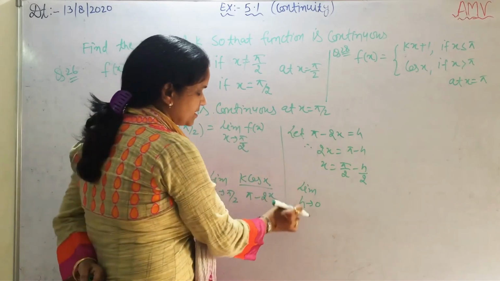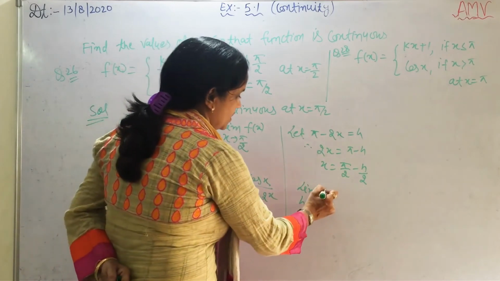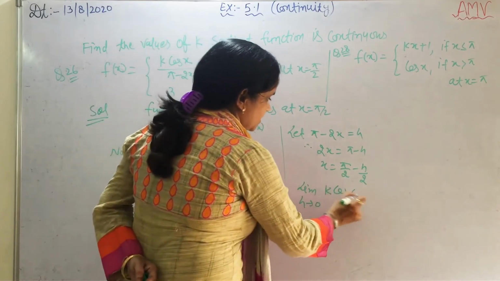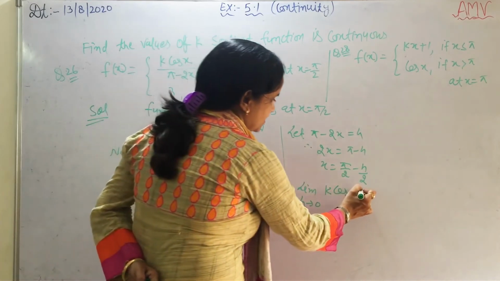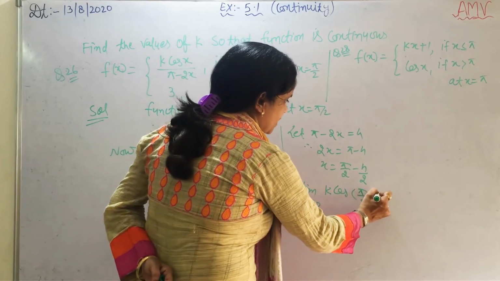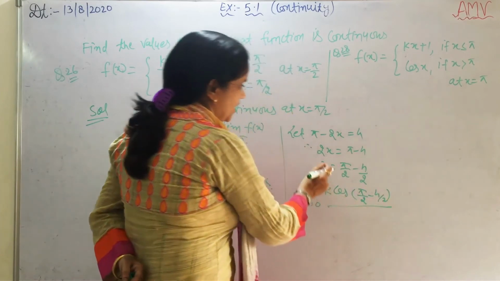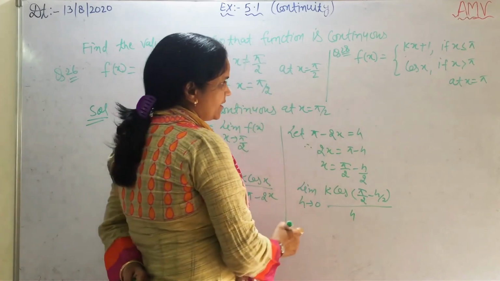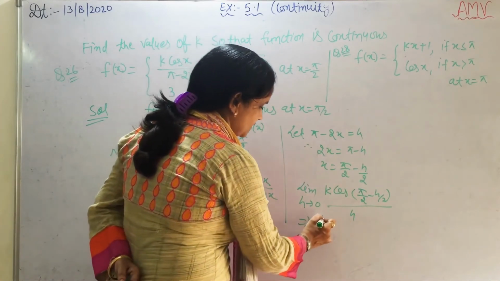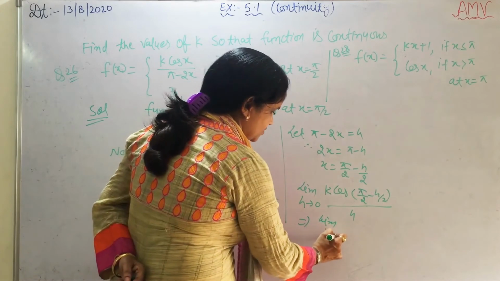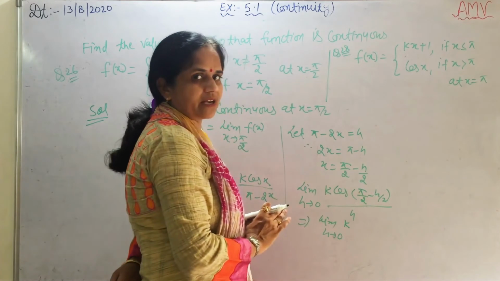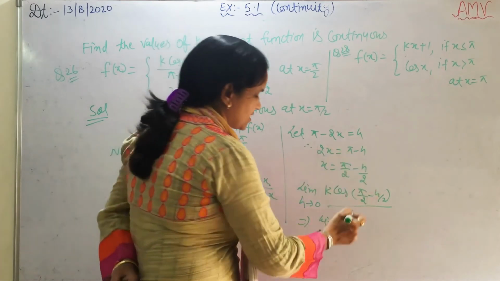So now the limit is h tends to 0 and here the function becomes k cos. In place of x, it is pi by 2 minus h by 2 and here it's h. Okay, and now limit h tends to 0, k is constant, cos of pi by 2 minus theta becomes sin theta.